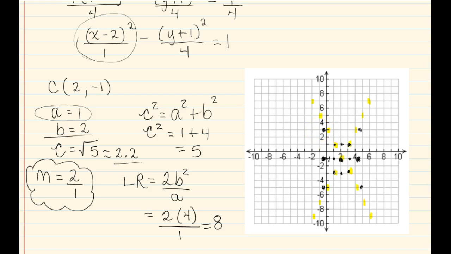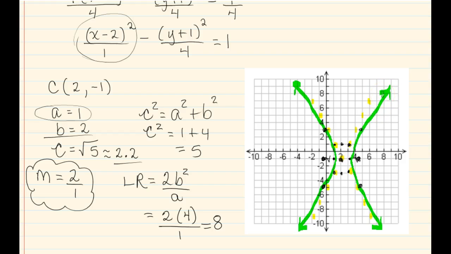So we're ready to graph the hyperbola by going to the vertex, which is this dot, towards our latus rectum point, towards our asymptote. So vertex, around the focus, to my latus rectum point, and then towards my asymptotes.